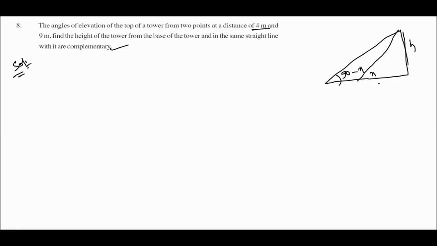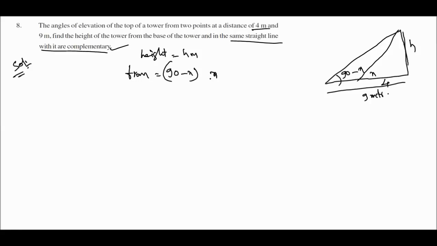So this is the 4 meter and the total is 9 meters here. We have to find the height. Same straight line, complementary. So the solution: the height of the tower is h meters, and the elevation from the two points is one 90 minus x and another x.